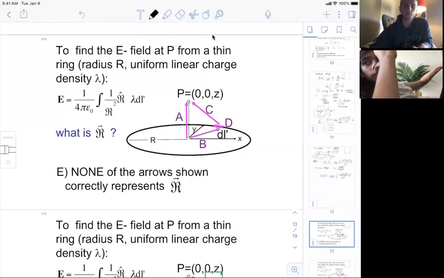I have about 80% of the vote that already came in, so let's go for another 15 seconds before we close it.